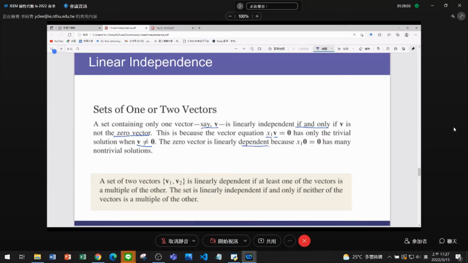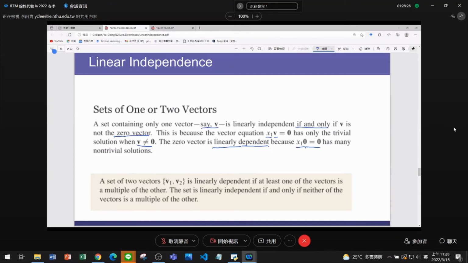If that vector v is 0, then we say that this vector itself is linearly dependent, since any scalar x1 times the 0 vector will equal 0. It has many non-trivial solutions.